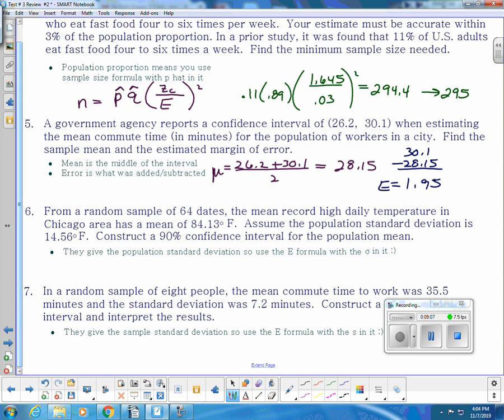From a random sample of 64 dates, the mean record high daily temperature in Chicago area has a mean of 84.13. Assume a population standard deviation is 14.56. Construct a 90% confidence interval for the population mean. They gave you the population standard deviation.